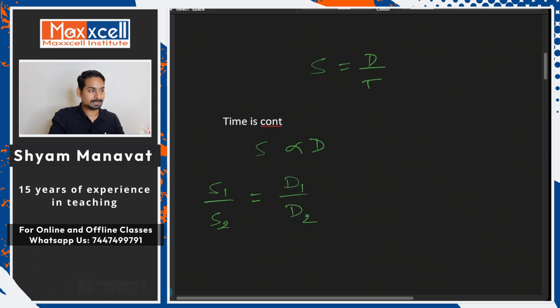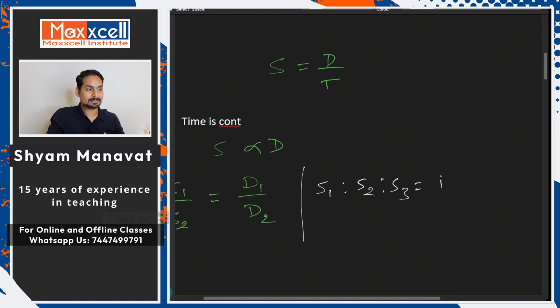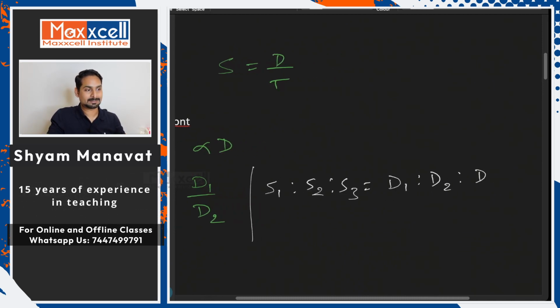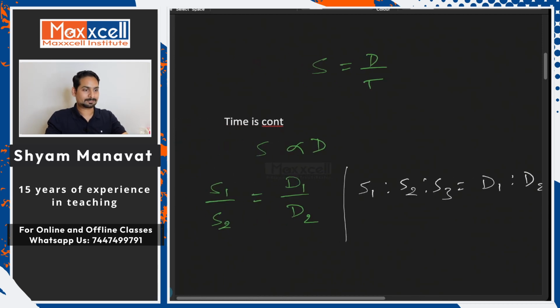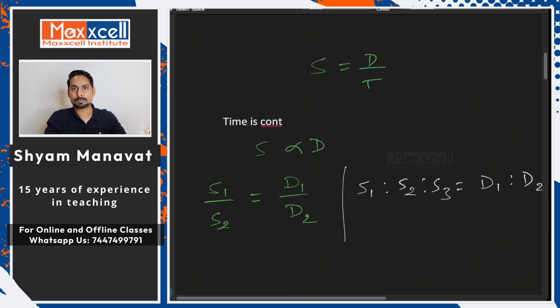It is direct: S1 is in the numerator, D1 is in the numerator, directly proportional. Or we can say S1 is to S2 is to S3 equals D1 is to D2 is to D3.